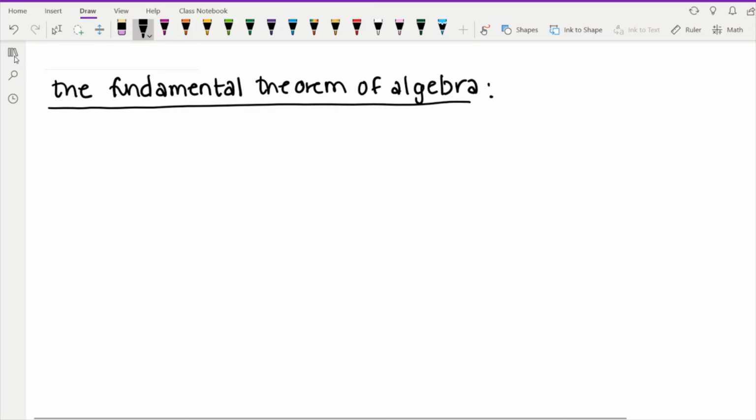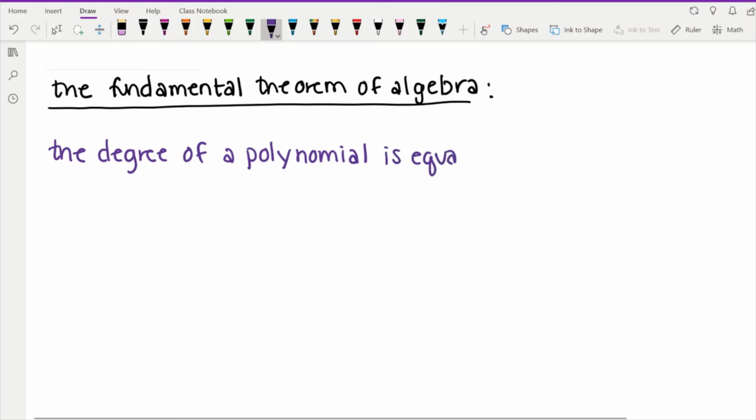So the fundamental theorem of algebra basically says that the degree of a polynomial, any polynomial, everything we're writing down is going to be true for all polynomials, is equal to its total number of zeros.